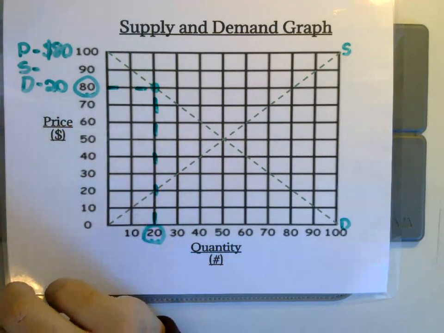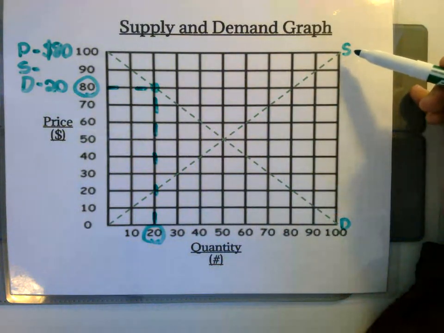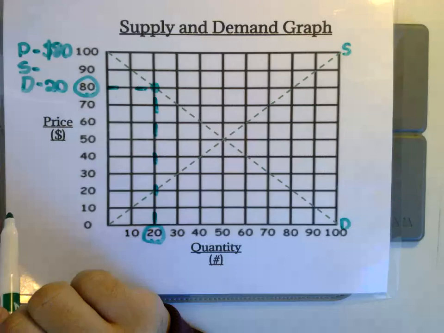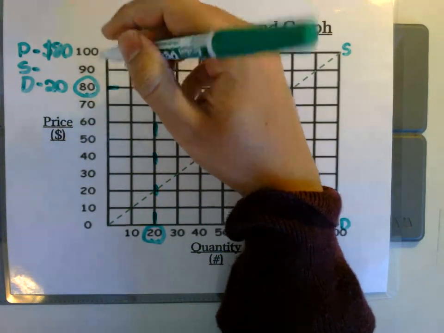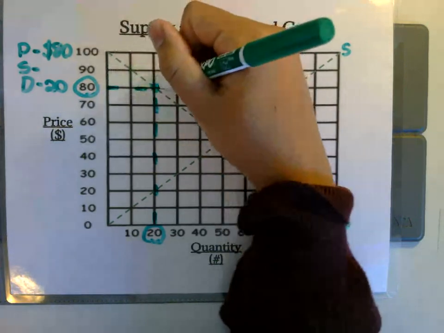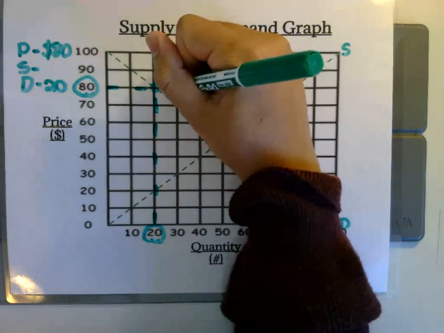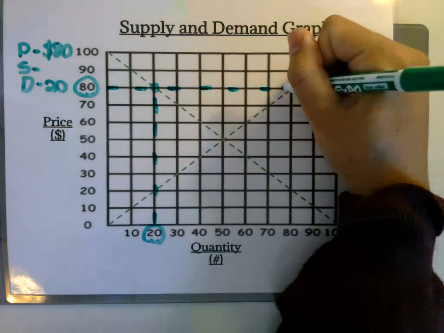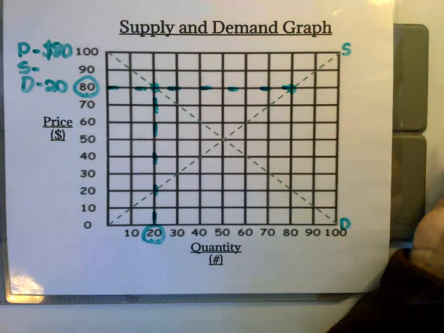But we're still missing the supply. How much are you going to produce or supply for $80 per pair of shoes? Well, we go back up to 80 because that's how much we're charging. We go across. We do not stop at this line because that's our demand line. We actually continue to go all the way over until we hit our supply line.